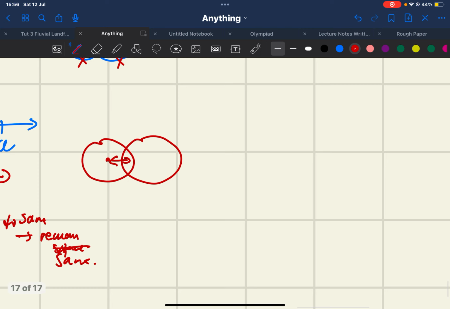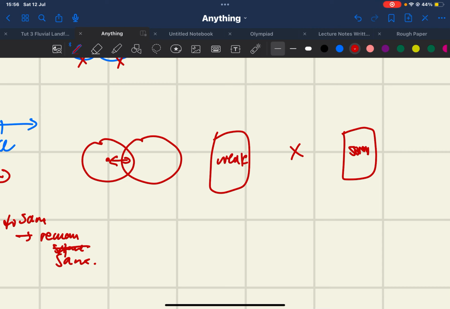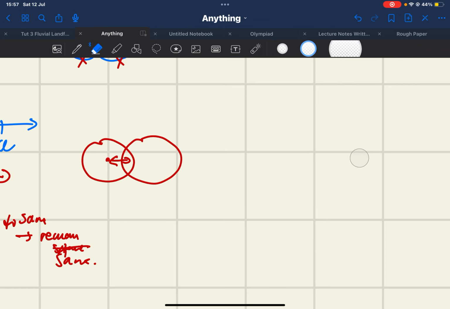For example, I have a magnet here, this is a magnet and this is a metal. If this is stronger and this is weaker, the metal will come over here, right? So it's the same logic. Anything that has more protons, more effective nuclear charge, is stronger. It will shift towards that side.